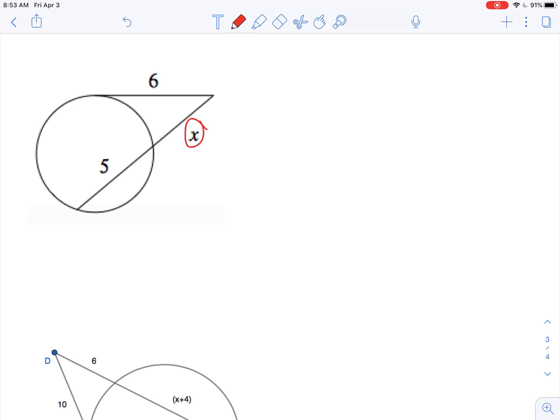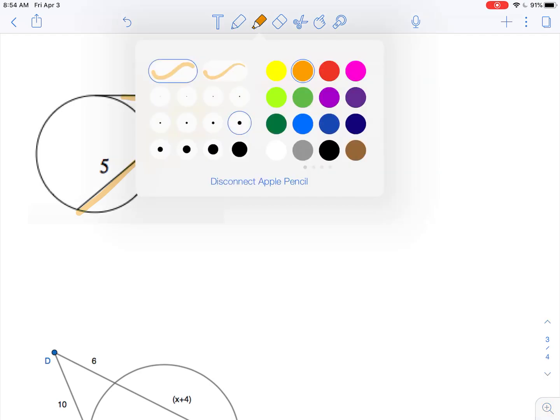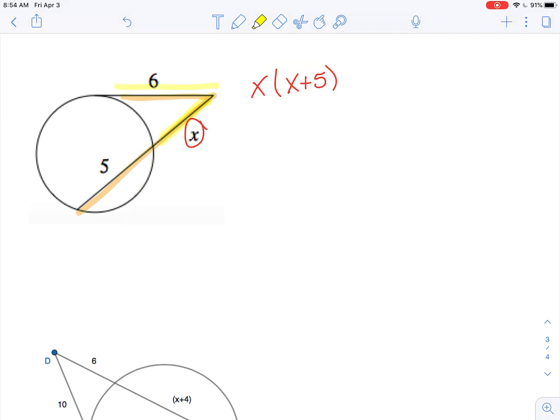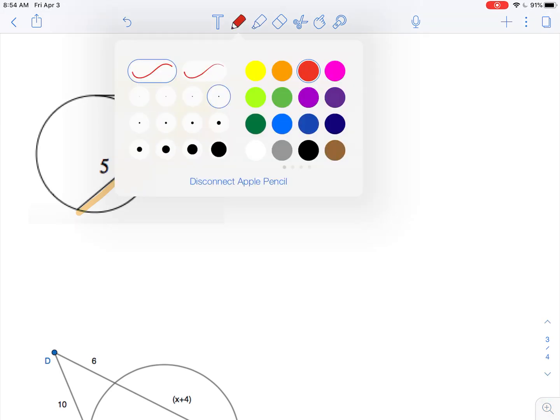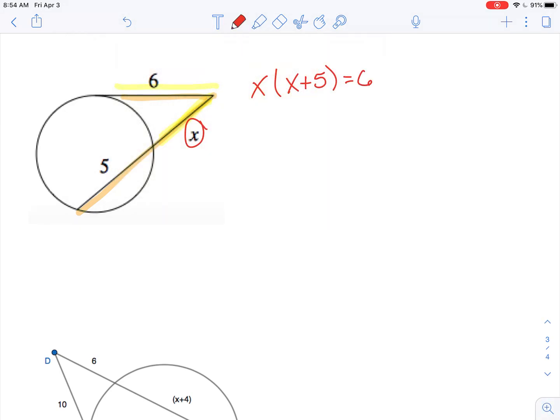And our last two here, the only difference is if your whole segment is outside the circle, if you have a tangent like this, then I'll do the same thing. I'll take part outside the circle times the whole secant, x plus 5.